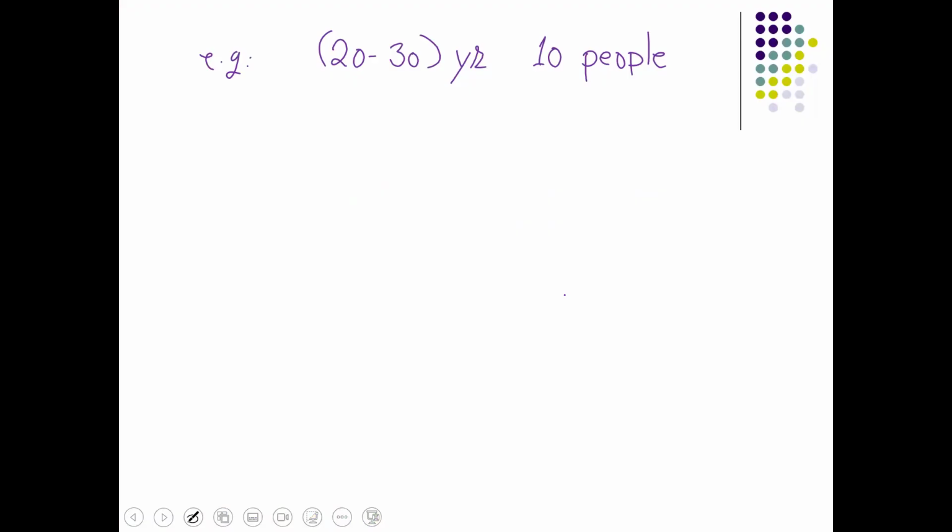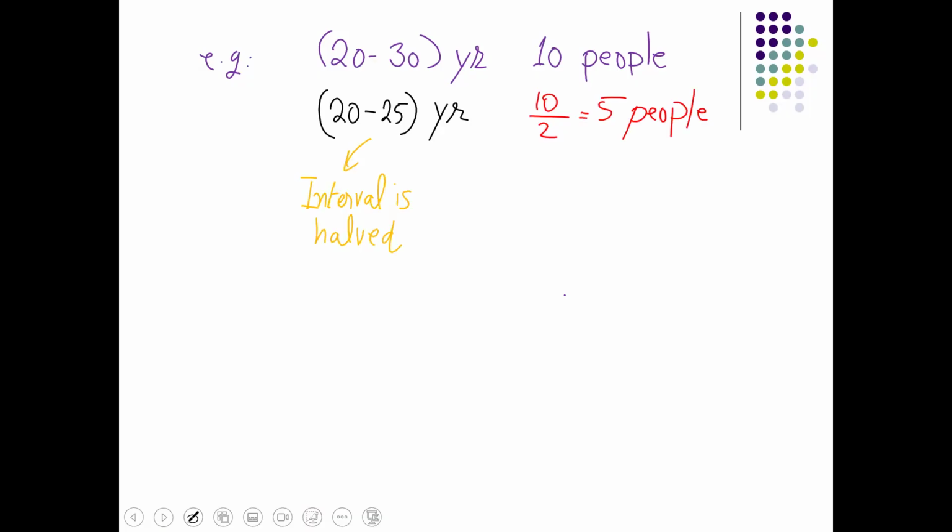For example, in a 20 to 30 year range, there are 10 people. Now 20 to 25 will be a wild guess or a ratio method. When there are 10 people in the interval 20 to 30, then there will be 10 upon 2, 5 people. The interval is half, so the number of people will be half.